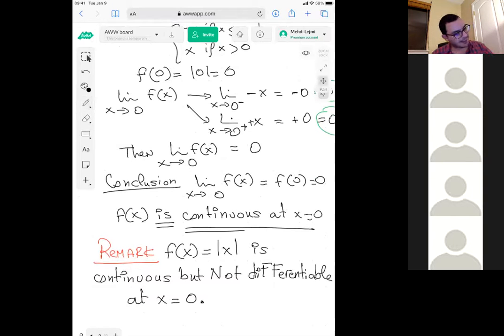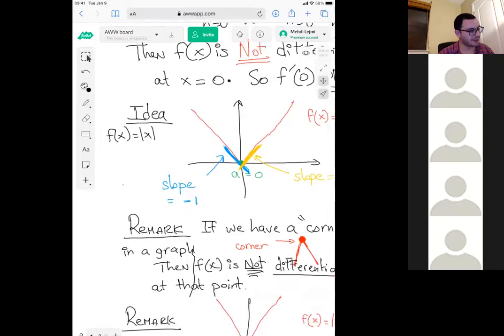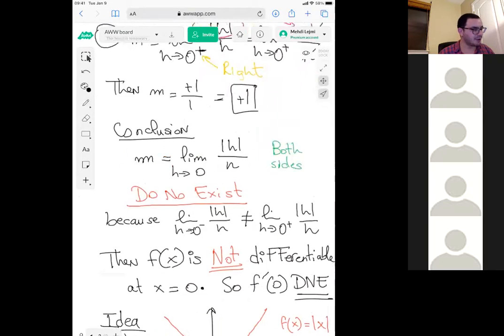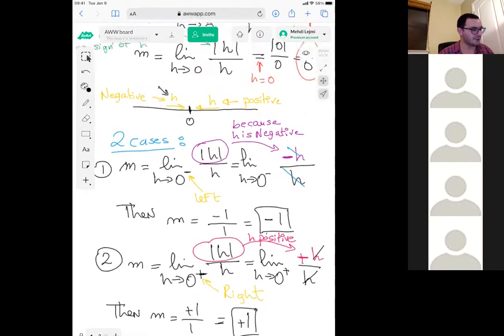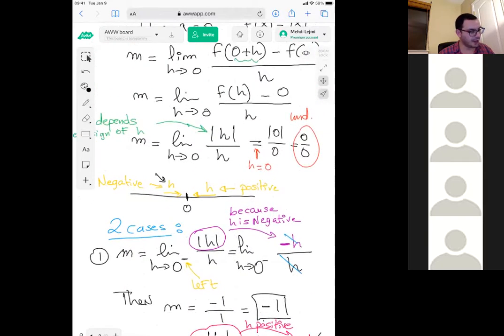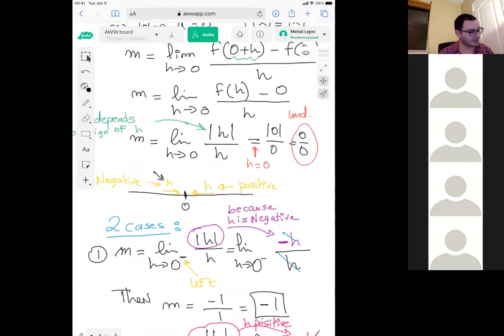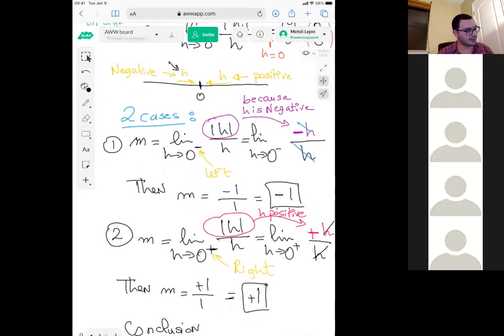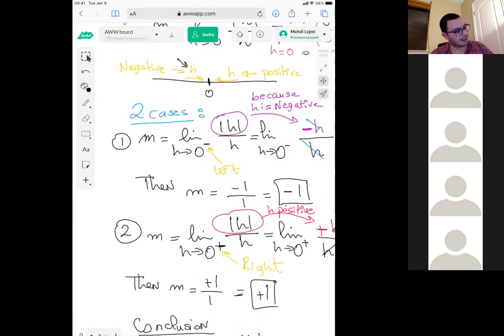As I said, this is an example where the function f is not differentiable. But anyway, all you have to do, guys, if you want to check if the function is differentiable, is to compute this number m, right? But you see, in this case, with the absolute value of x, when you compute m, we end up with two different cases.